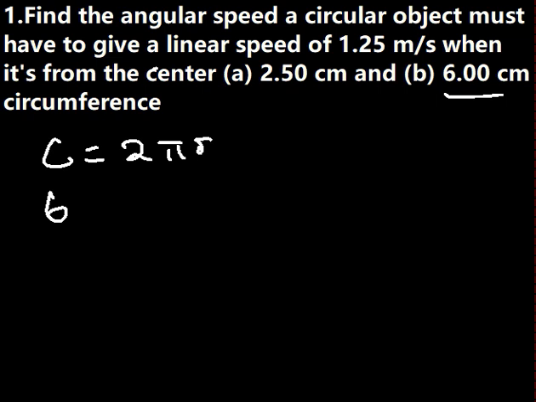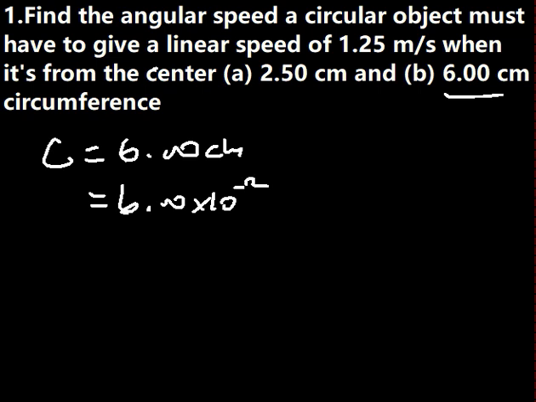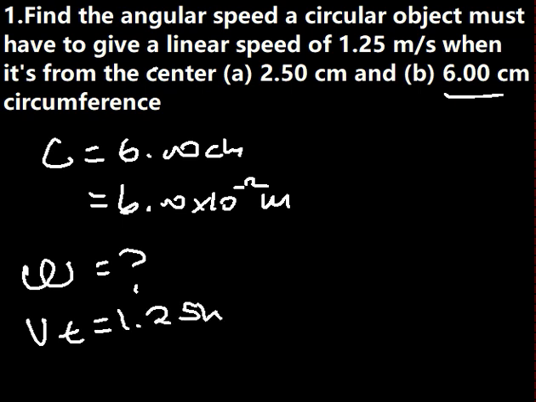The circumference of the circle is 6.00 centimeter, which is the same as 6.00 times 10 to the power negative 2 meters. That's how it has to be, in meters. Then we are sure to get the angular velocity, given the tangential speed of 1.25.